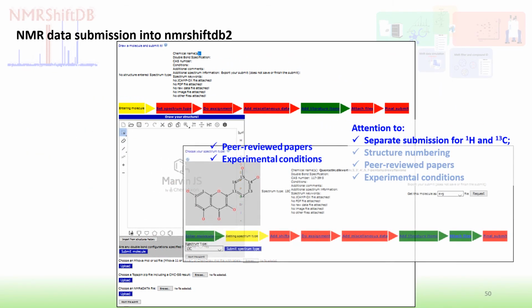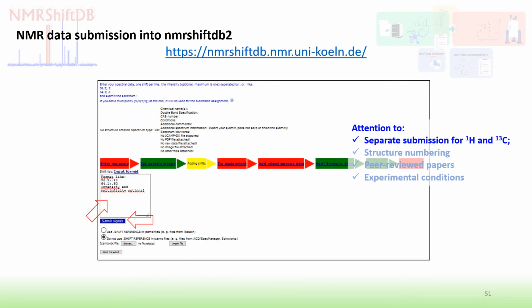Next, once the structure is accepted, users must choose the nuclei for which the NMR data will be submitted. Note that at the end of the submission, users can choose to submit another spectrum or other data for the same structure. Then the chemical shifts will be submitted as a column.